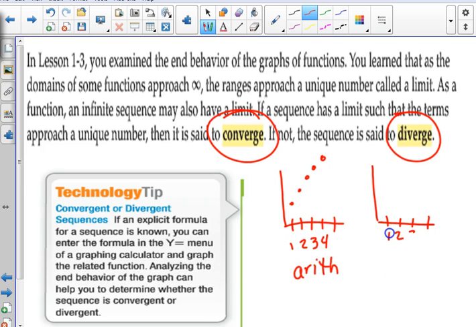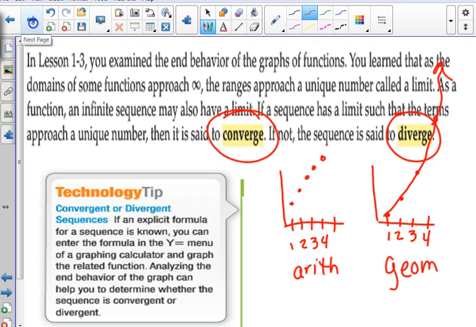Okay, if you had a sequence that was, for example, multiplying by, or doubling, we'll say, okay? Started little, it doubled again, it doubled again. It would be doing this, and that's geometric. All right?